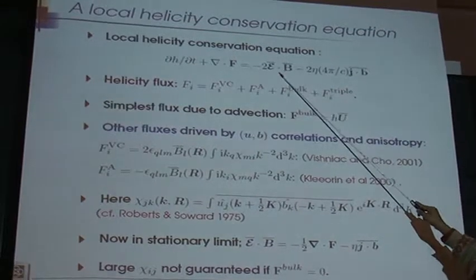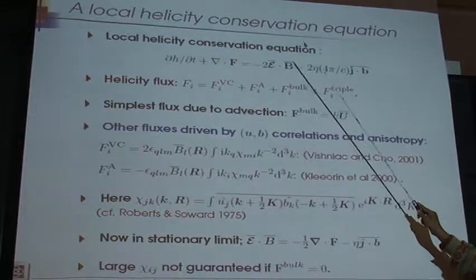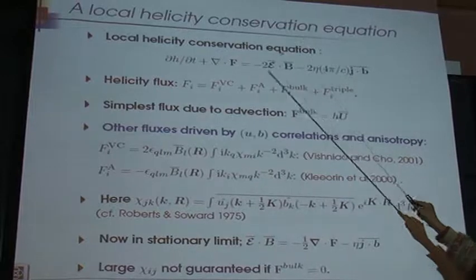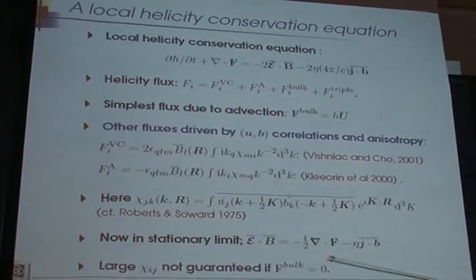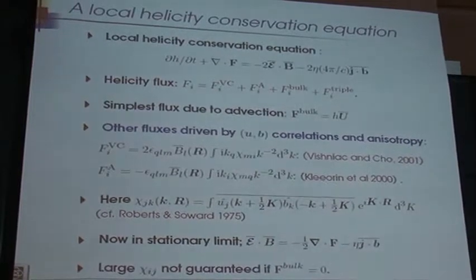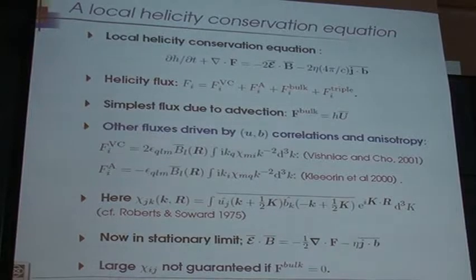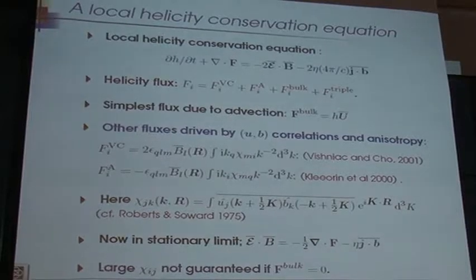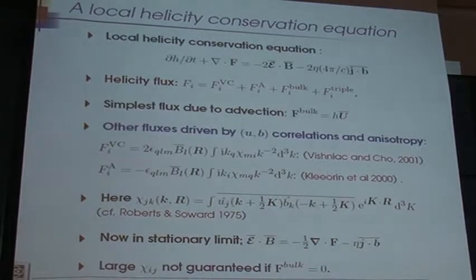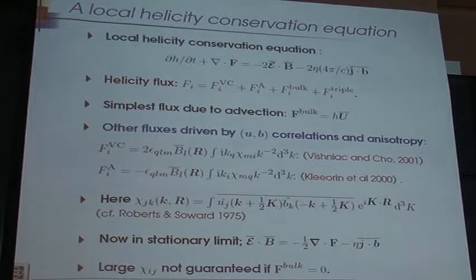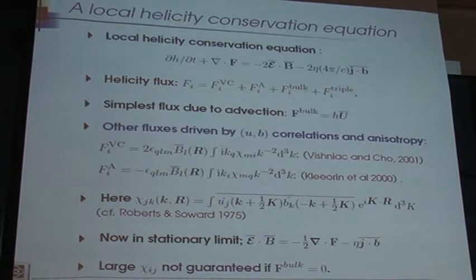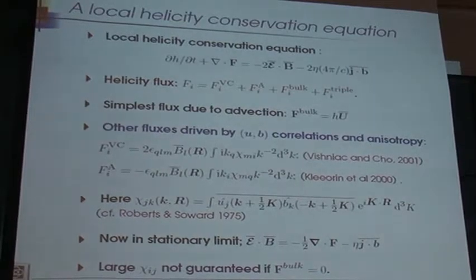It will all be consistent. One thing which breaks this is the advective flux. If you have the advective flux, then you are absolutely guaranteed that you have a flux which is not quenched. It's very simple, because you are just taking things, carrying it along and putting it somewhere else.